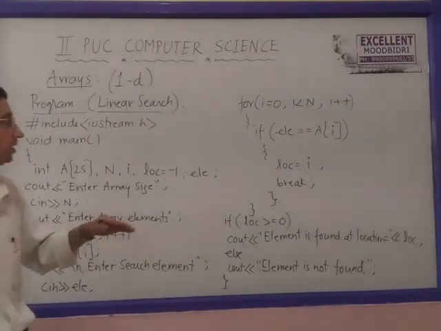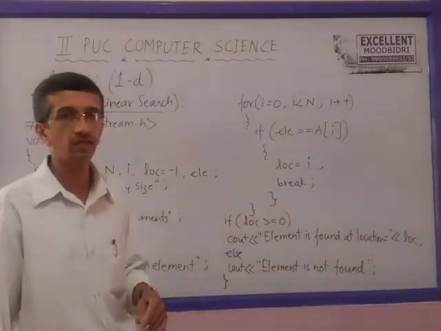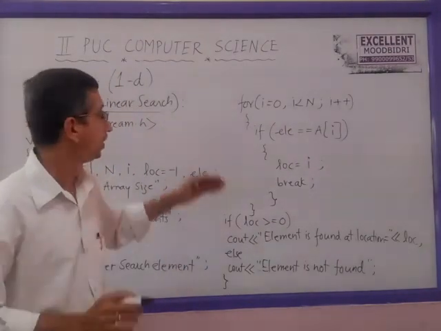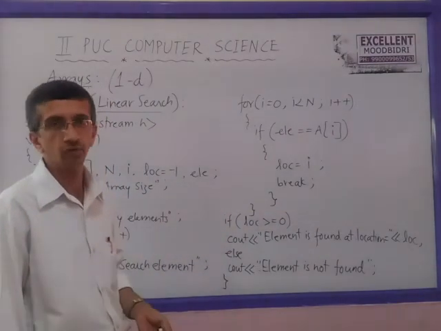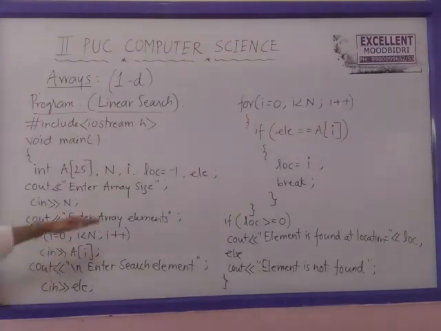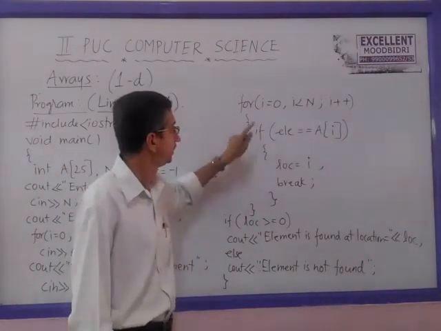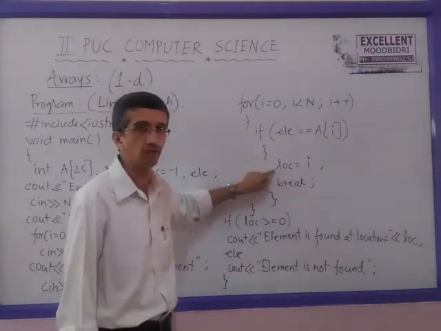So in the algorithm, as I told, the input of the array items, the size of the array, and the search key we have not indicated because it is quite obvious. Only the logic part is indicated in the algorithm, and it starts from here. Enter the items, enter the search element, compare the search element with each item of the array. If it is found, note down that index in the location value.